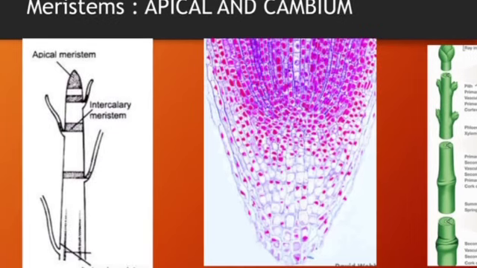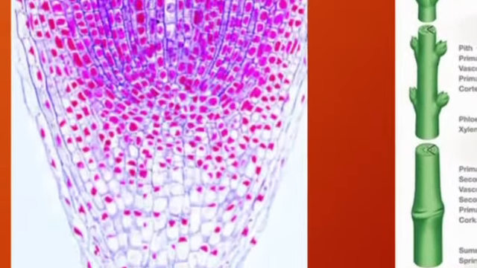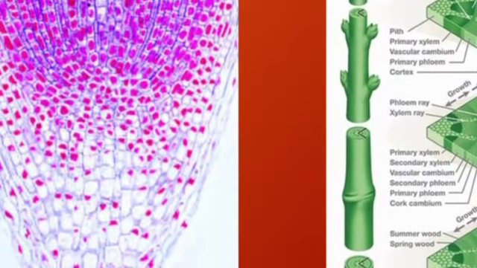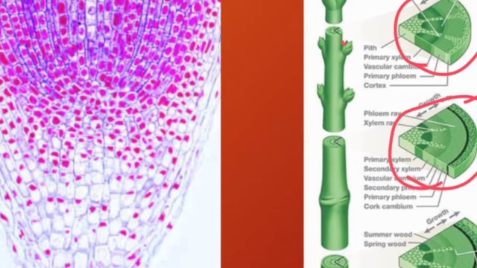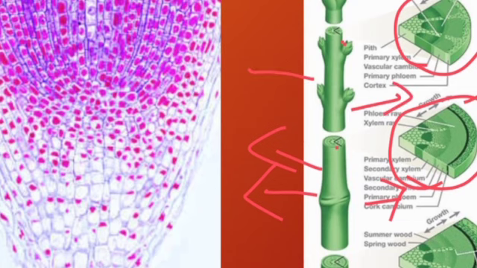One more diagram I have attached with this part is the diagram of a cambium that gives growth widthwise in a plant. If these sections are taken from here, this gives thickness to the plant.